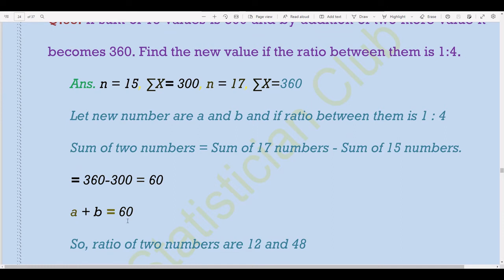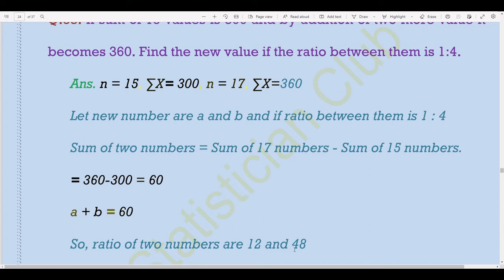Now we divide this answer 60 into 2 numbers, to find the new values in the ratio 1:4, because one number is at ratio 1 and the second number is at ratio 4. Suppose these numbers are A and B. 12 multiplied by 2, 24. 12 multiplied by 3, 36. 12 multiplied by 4, 48.